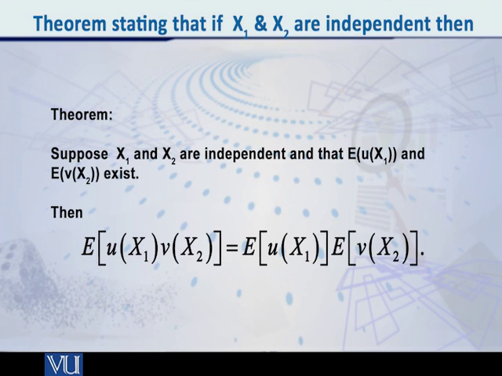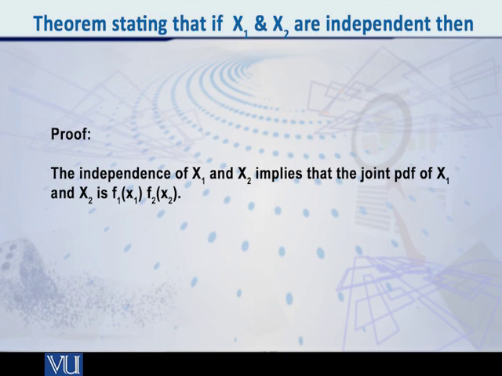If this is happening, then the expected value of u(x1) multiplied by v(x2) is equal to the expected value of u(x1) multiplied by the expected value of v(x2). All right, so now let us try to prove this theorem.